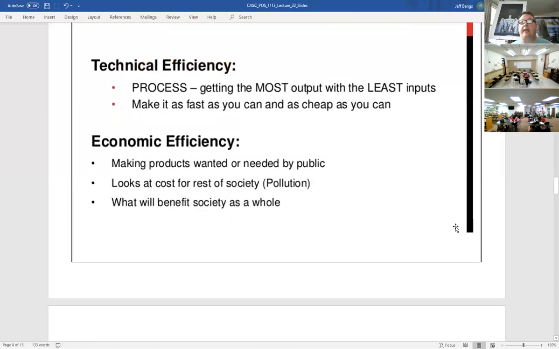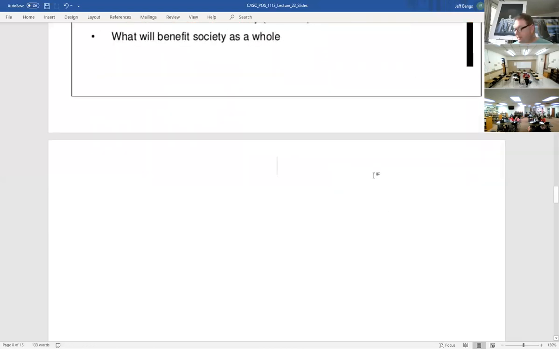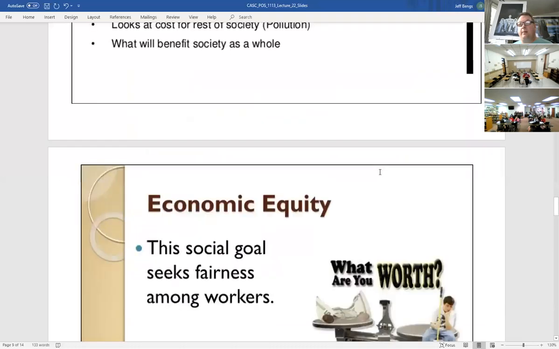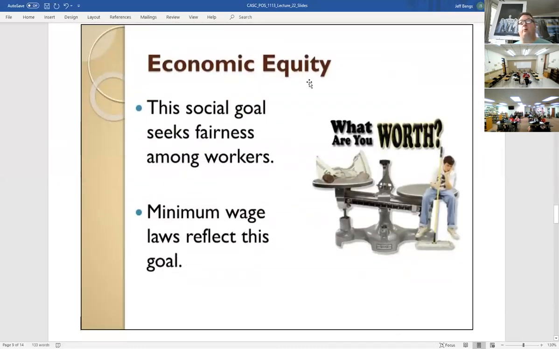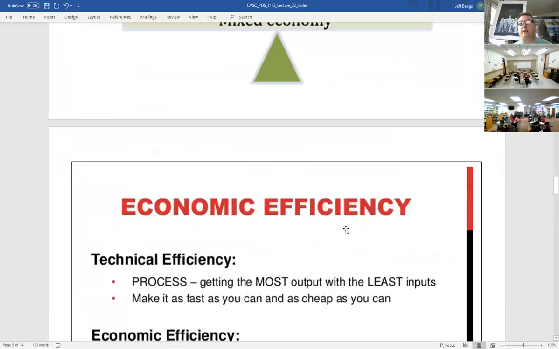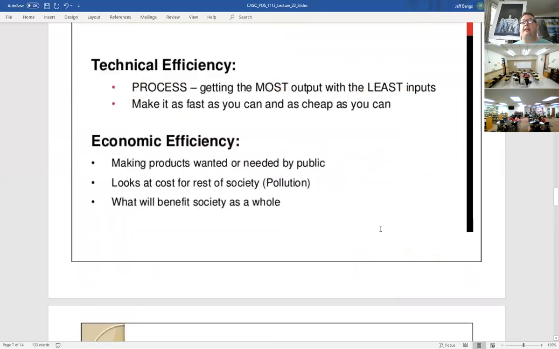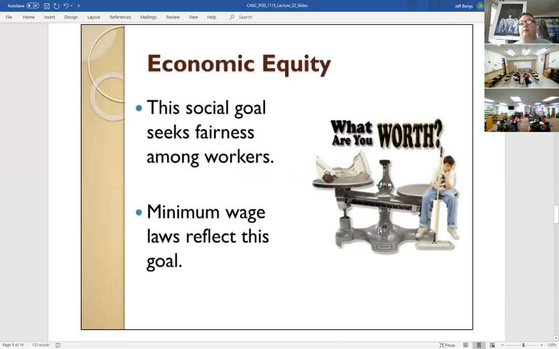A second major aim of the government regulating or being a part of the economy is economic equity. So you'll want to know economic efficiency and economic equity, which is basically the concept of fairness. And the government sees to it that all parties involved in an economic transaction are treated fairly.